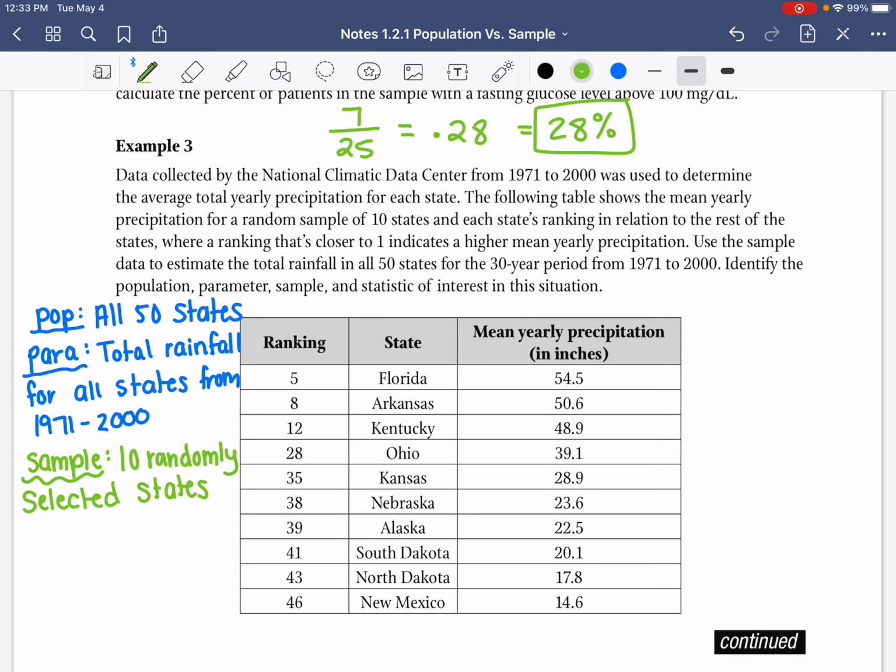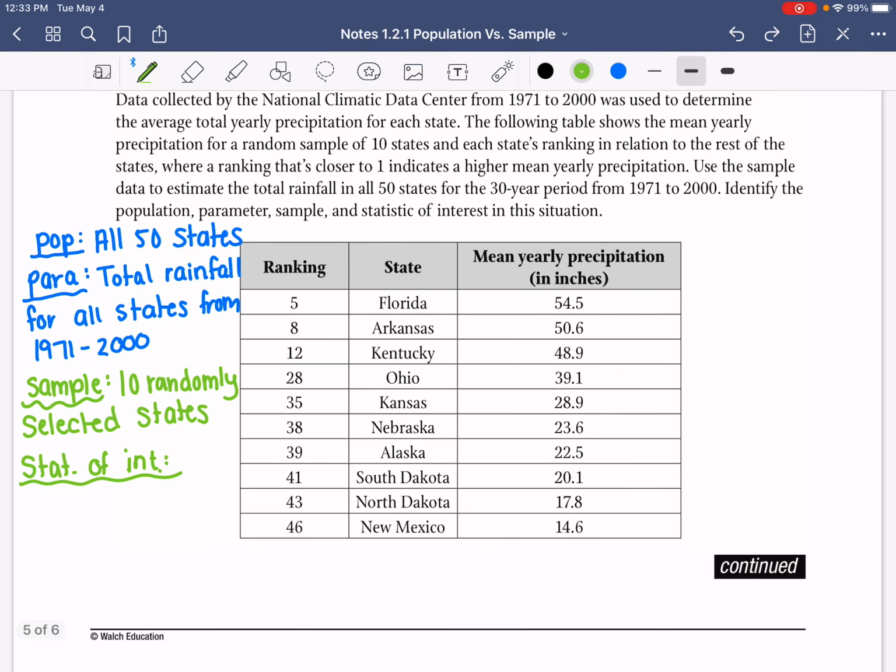And for our stat of interest, if we want to find the total rainfall for all of the states, we're first going to have to find the average rainfall. Okay, some are going to rain more than others, right? So we're just going to find our average rainfall for one state, and then we can use that to try to find our parameter, which is all the states.